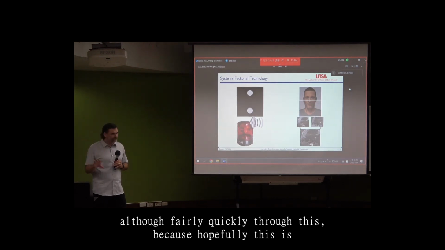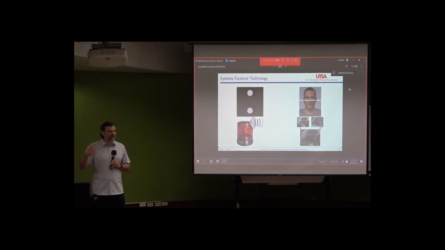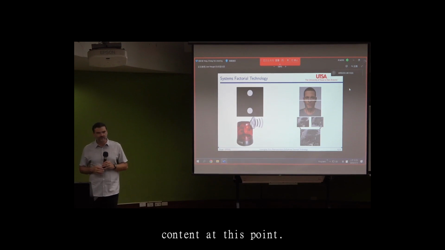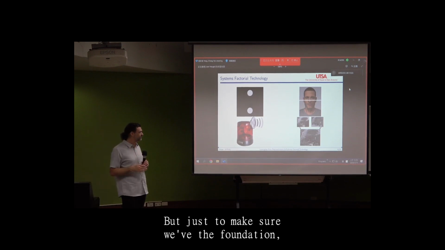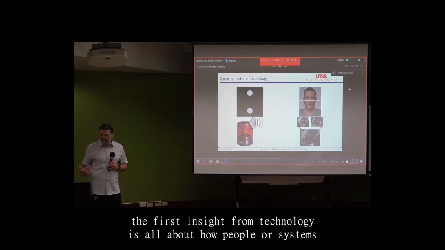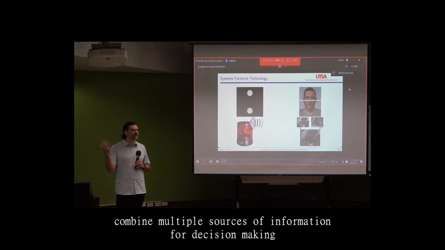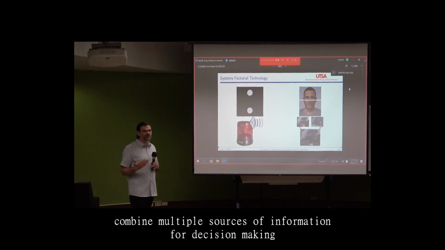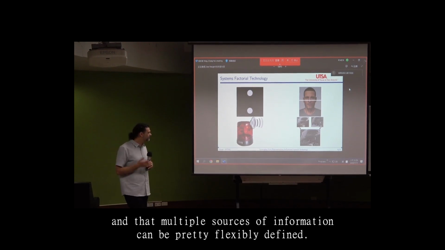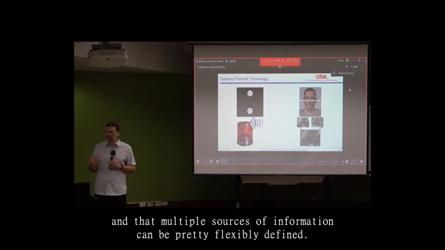I'll go fairly quickly through this because hopefully this is repetitive content at this point, but just to make sure we've got the foundation. Systems factorial technology is all about how people or systems combine multiple sources of information for a decision. And those multiple sources of information can be pretty flexibly defined.